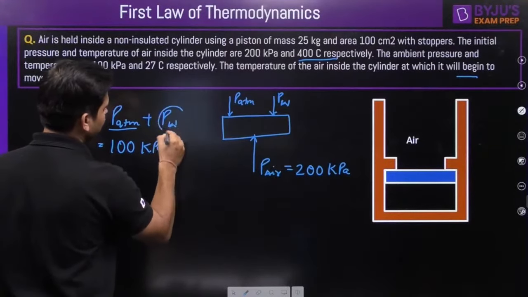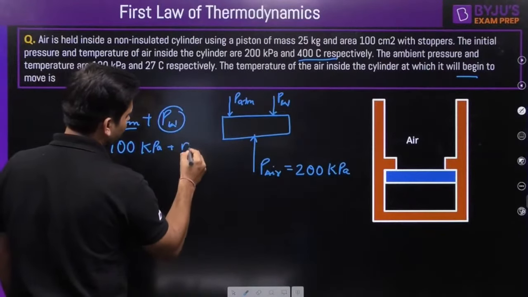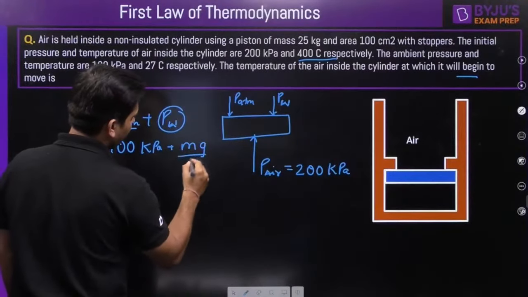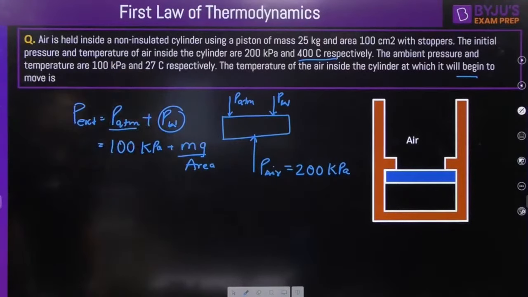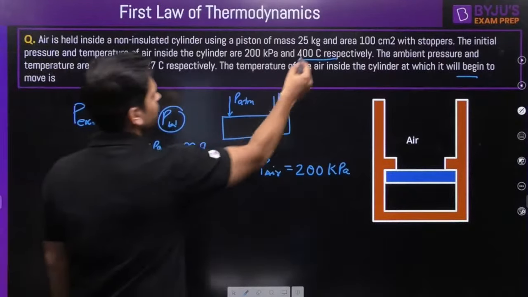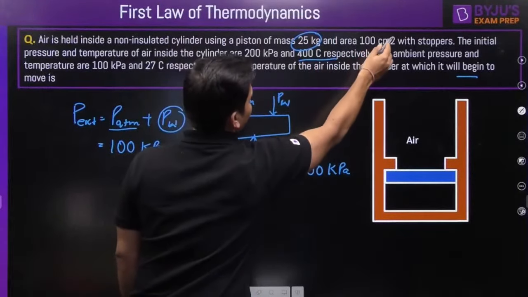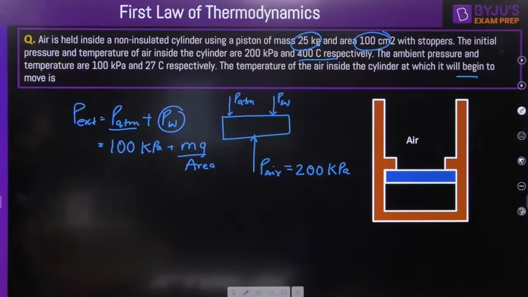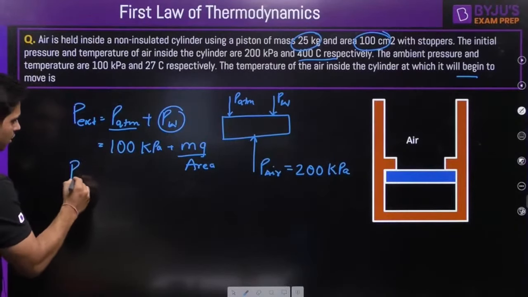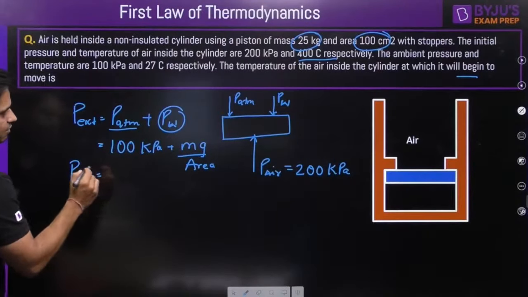And what is this? Force per unit area, mg by area of piston. Now mass is given, area is given. You can find out what is the external pressure. How much is the external pressure?